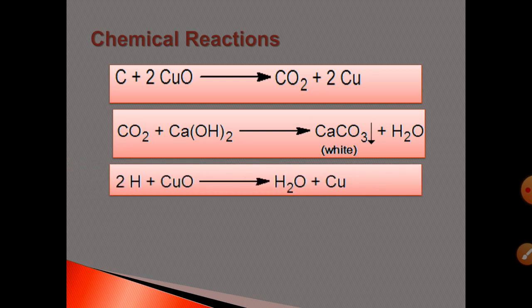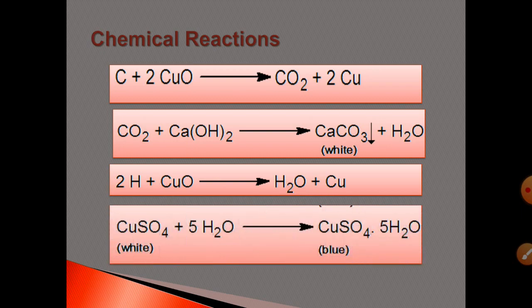Hydrogen in our organic compound, when it reacts with cupric oxide, is converted into water vapors. These water vapors, when passed through the bowl which contains anhydrous copper sulfate, which is white in color, turn white copper sulfate into blue hydrated form, which proves the presence of hydrogen in the organic compound.